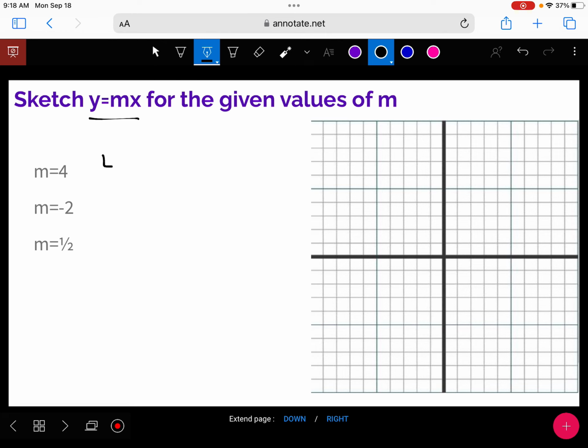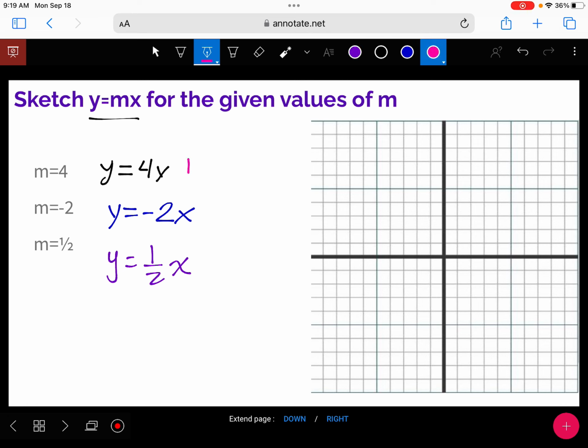This one's going to be y equals 4x. This one's going to be y equals negative 2x. This one's going to be y equals 1/2 x. No b. There's nothing added on the end. So our y-intercept for all three of these is 0. If it helps you, write it in.